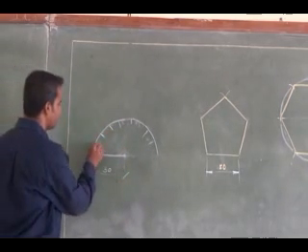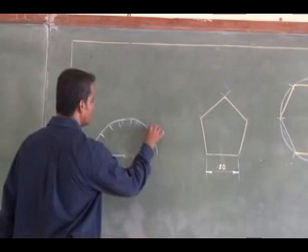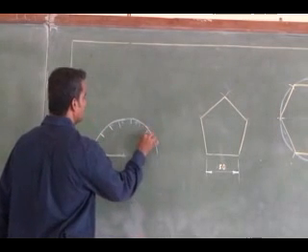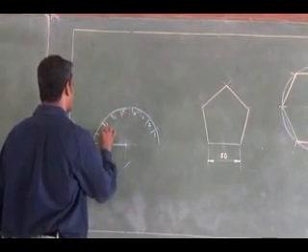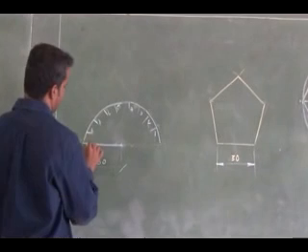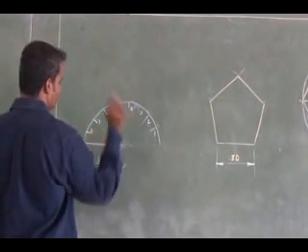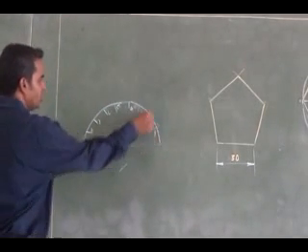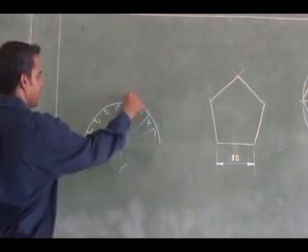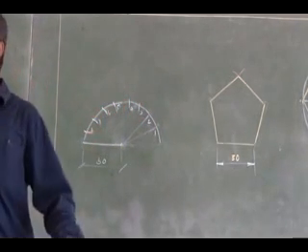9 divisions I have. This is my first division. Nine segments I have, so each division is 20 degrees.